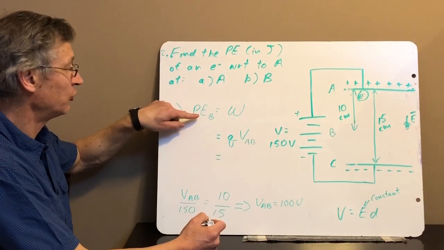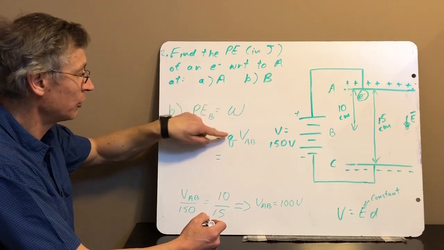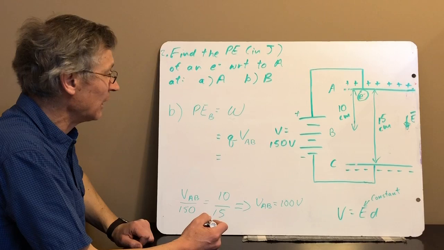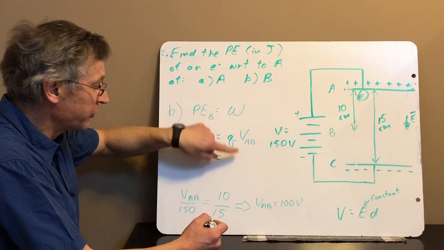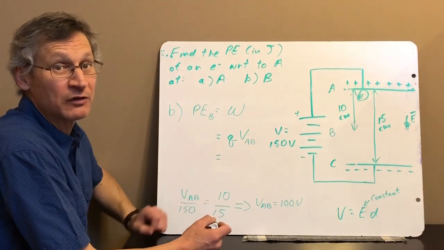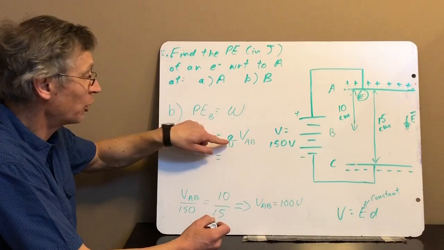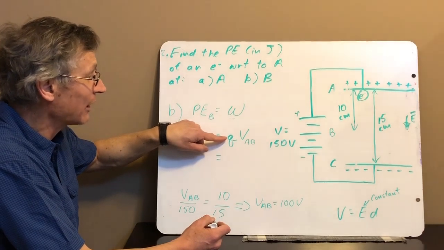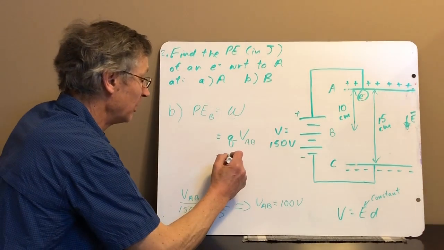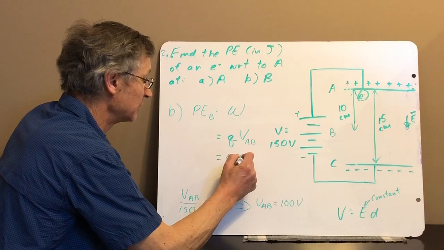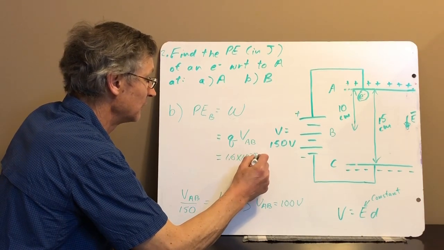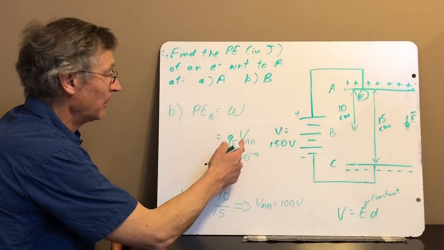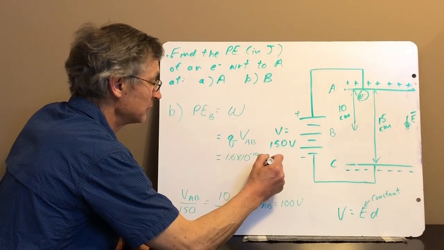What's the potential energy of our electron at B? Well, it's equal to the work, QV. Remember, if your voltage is in volts, a volt is a joule per coulomb, so your charge has to be in coulombs. So we have an electron, which is the equivalent of one elementary charge, 1.6 times 10 to the minus 19 coulombs, multiplied by our potential difference, 100 volts.